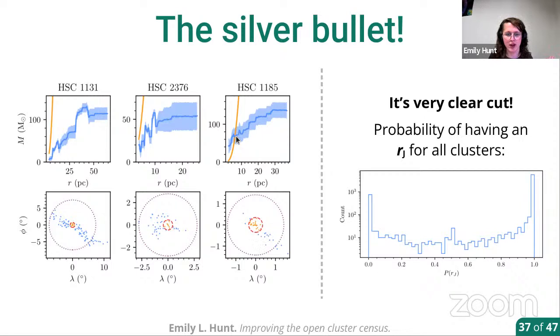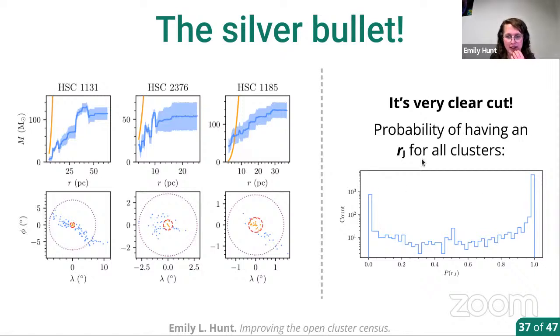It seems to have a Jacobi radius of just a few parsecs, and that contains about 60 solar masses of stellar content. And so there seemed to be a silver bullet where I was actually finally able to distinguish between things that looked a bit more like a moving group and things that looked a bit more like an open cluster.